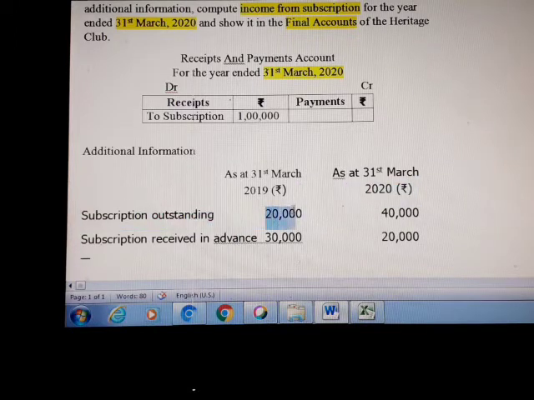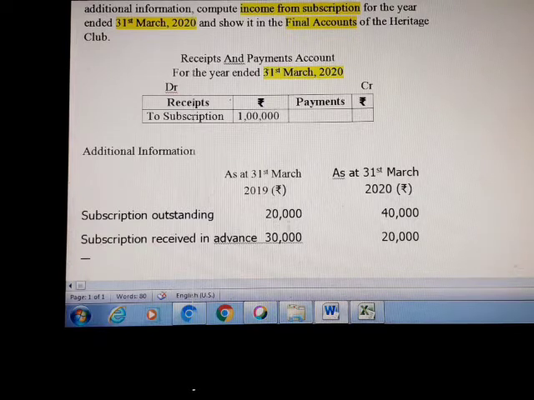This is for the year 2019. Towards the end of 2019 you have an outstanding amount of 20,000, which obviously will get carried over to April 2019 also, because it has not been paid. But this we should not consider as the outstanding subscription of 2020.